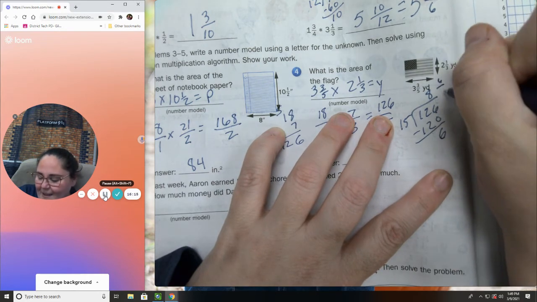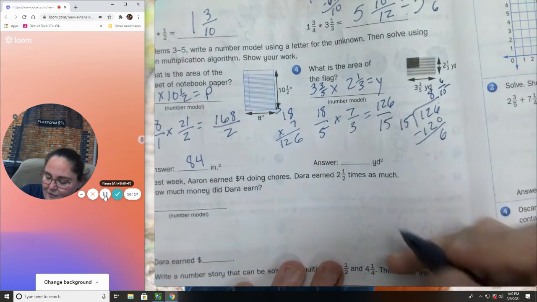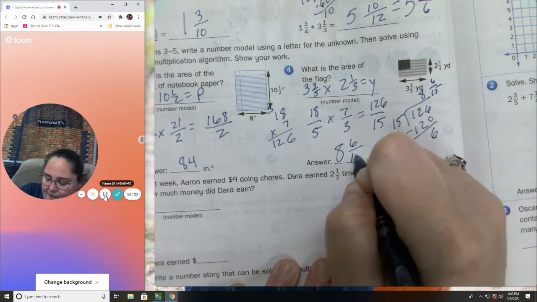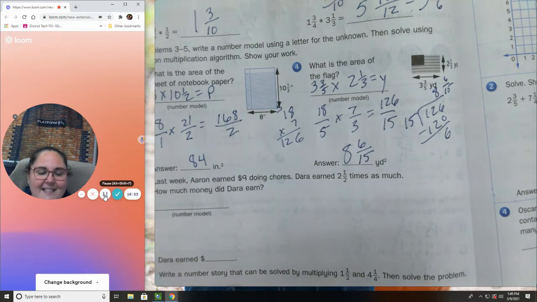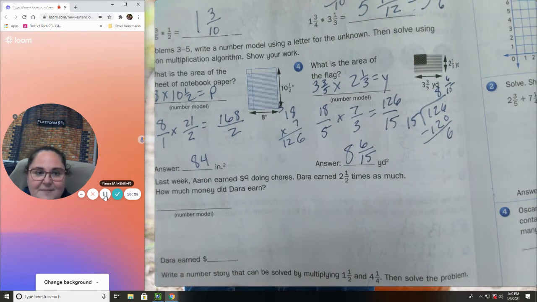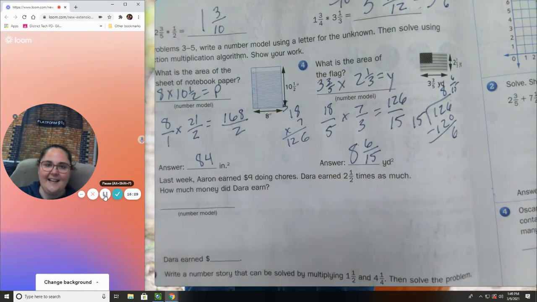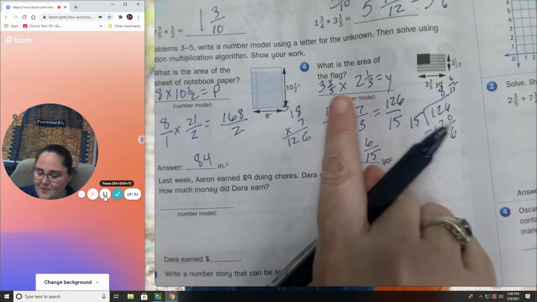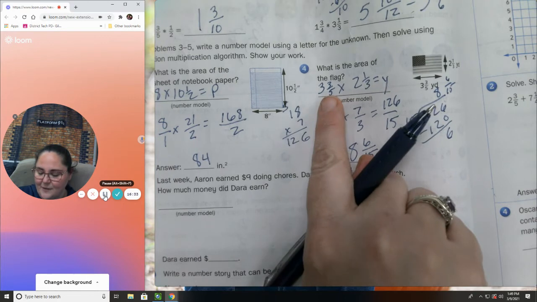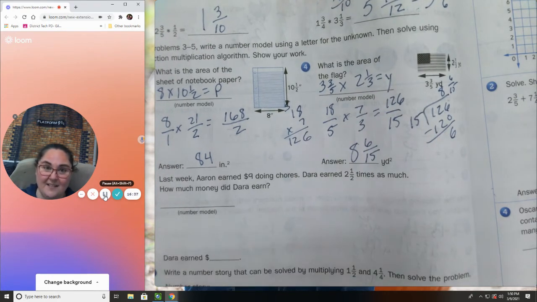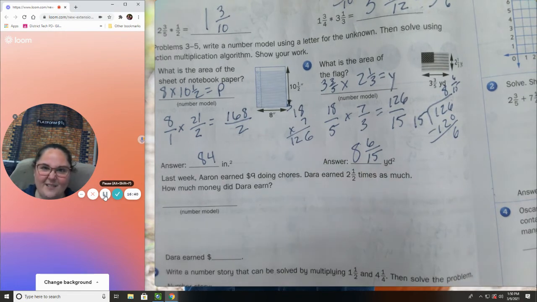That is now my numerator. My denominator is 15. Your final answer should be 8 and 6 over 15. So 8 and 6/15 of a yard. Again, I think this is a lot easier than doing 3 times 2, 3 times a third, 3/5 times 2, 3/5 times a third, and then adding all of them together. I think this goes a lot faster, right? Great.